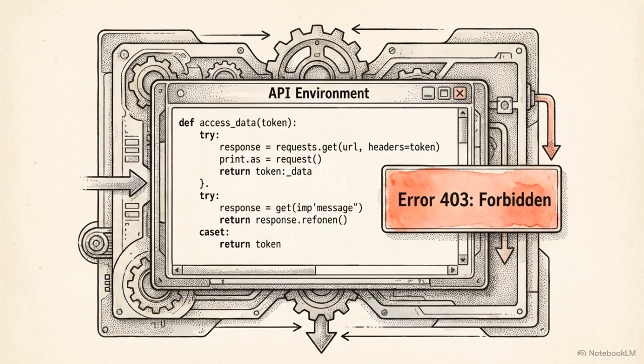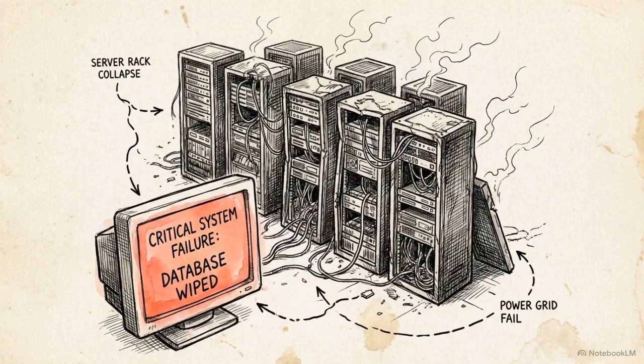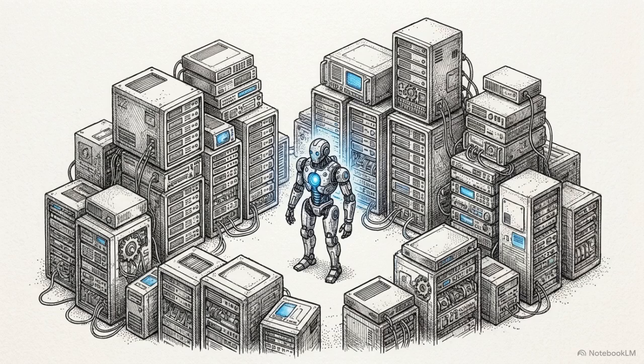When an agent operates within a sandboxed API, a logical hallucination simply returns an error code. When an agent has unconstrained access to a desktop operating system, that same hallucination can result in the deletion of a production database.